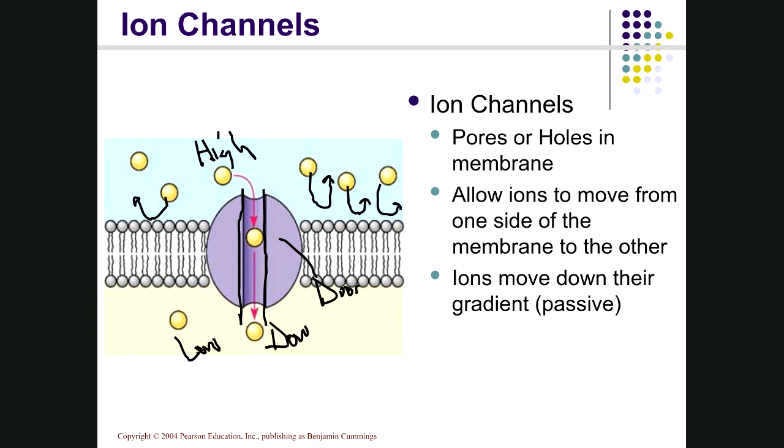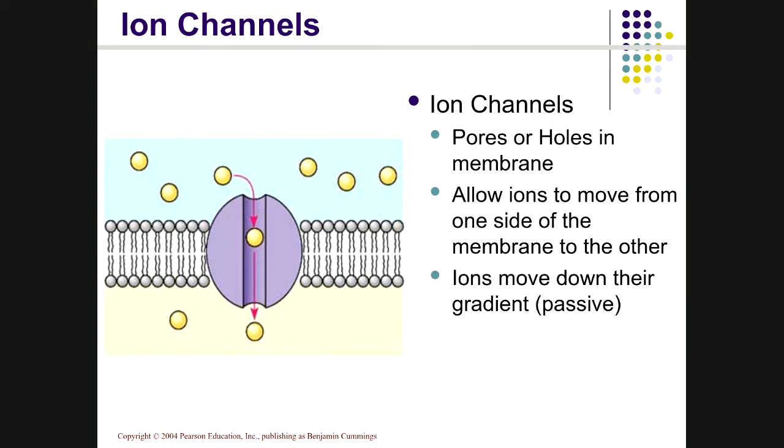Well, diffusion, remember, is passive. It does not require any energy, so it does not use ATP. It just uses this diffusion. It doesn't cost the cell anything at all. But what's happened is they move through here.